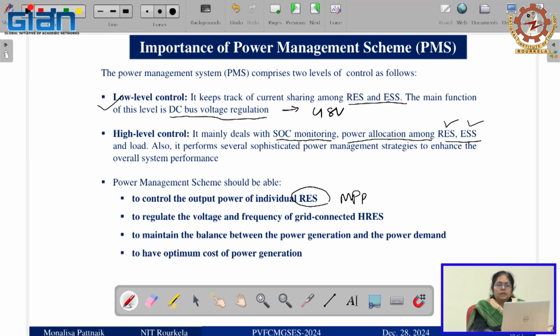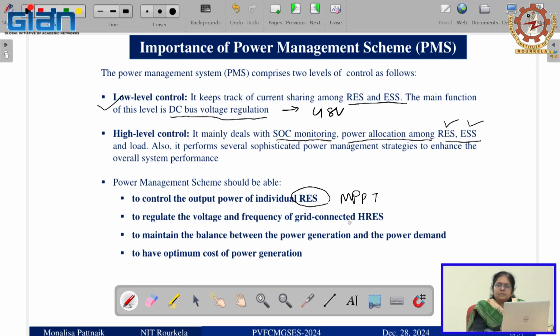In the lower level we are doing MPPT, but when we are doing MPPT, obviously the bus voltage is going to fluctuate. If it is a PV system, it depends on the irradiance. If irradiance is varying, the corresponding output voltage will vary. And when you have a wind system, if the wind speed is varying, obviously the bus voltage will fluctuate.